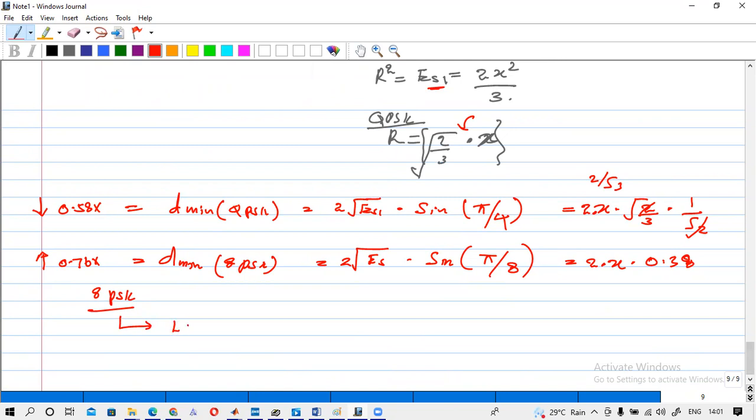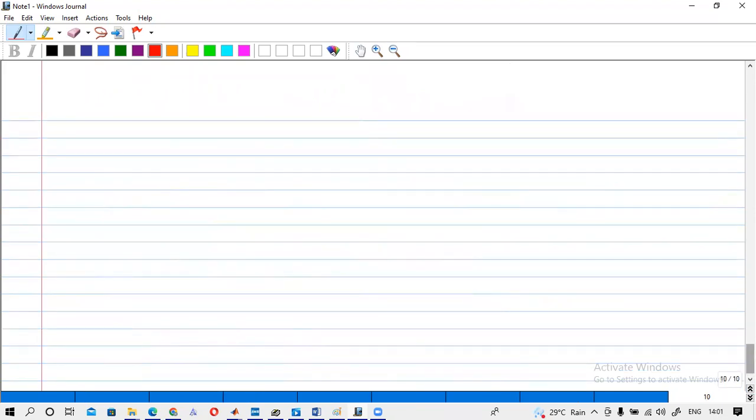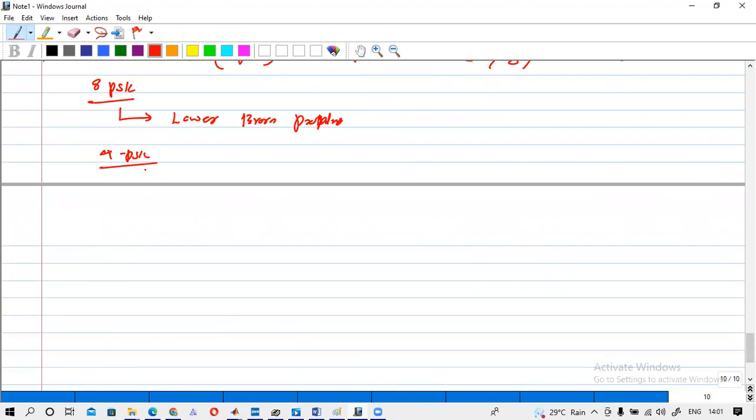It has lower error probability because the distance is somewhat high, and 4PSK will have higher error probability. So this is the conclusion based on the minimum distance.